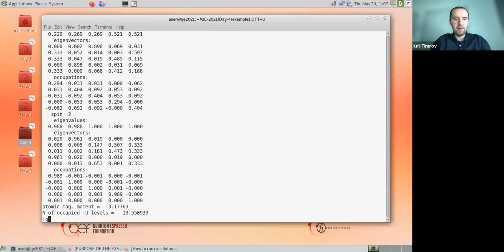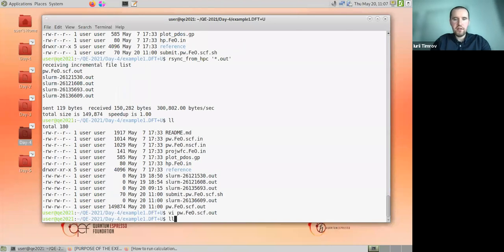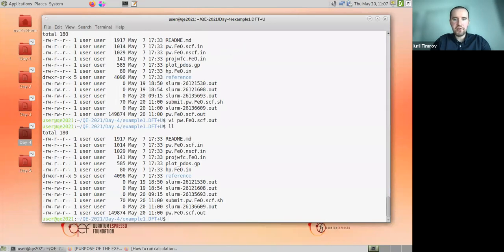Okay, now let's continue. Now we do the NSCF calculation. Same way, we do the remote mpirun pw.x, read the input. Now we add NSCF and we execute.